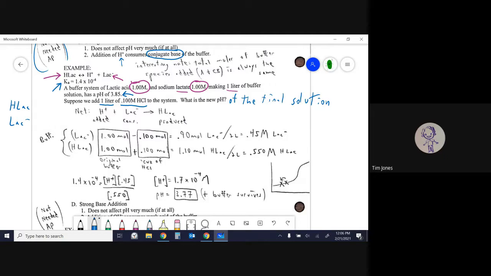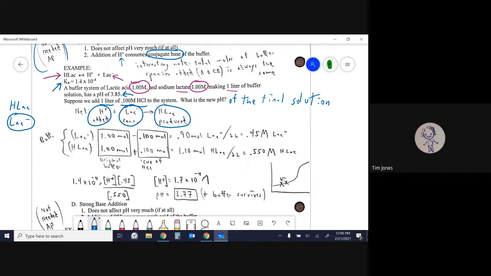Well, the strong acid that's being added is going to react with the weak base. Here, that will be consumed, and it will, by accident, make much more of the lactic acid.